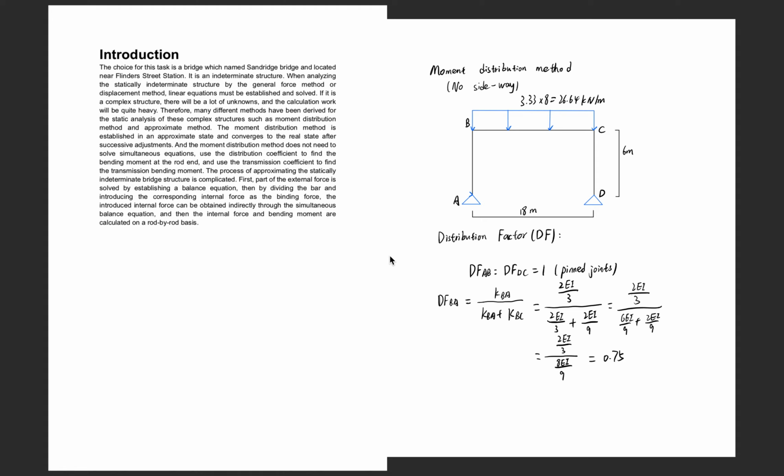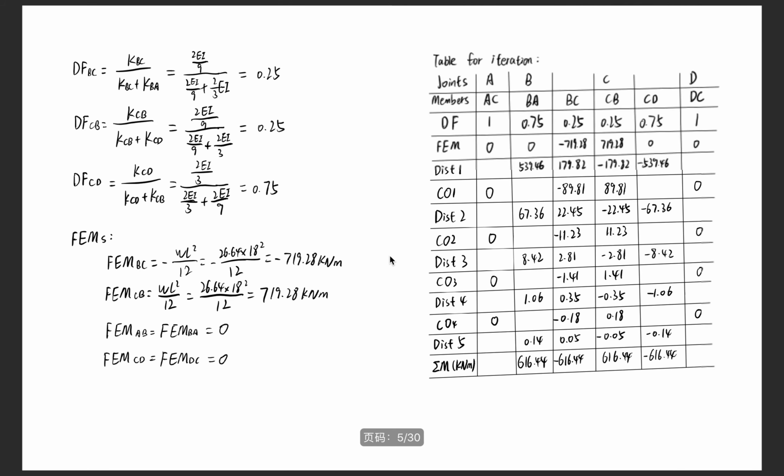Using the formula EI divided by L, we got the answer 0.75. DFBC equals KBC divided by KBC plus KBA. The answer is 0.25. For DFCB, it is KCB divided by KCB plus KCD. The answer is also 0.25, and DFCD equals KCD divided by KCD plus KCB. The answer is 0.75.